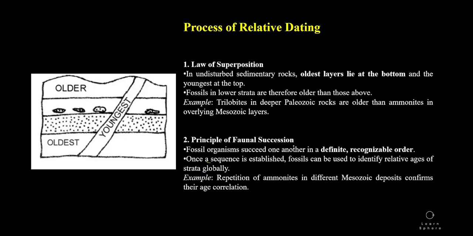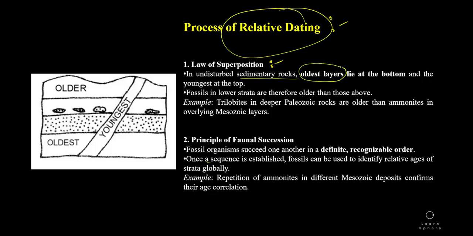So what is the process of relative dating? The first is the law of superposition. According to this law, in undisturbed sedimentary rocks, the oldest layer lies at the bottom and the youngest at the top.